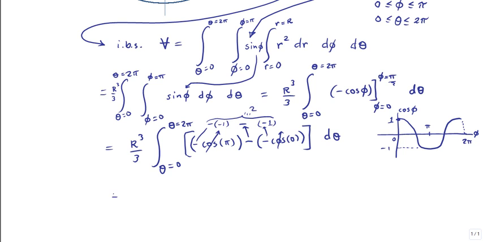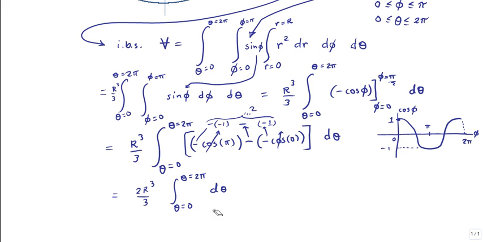So let me bring that out. I have 2R cubed over 3 times the integral from theta is 0 to theta is 2 pi, with respect to theta, of course. That's an easy integral to perform.